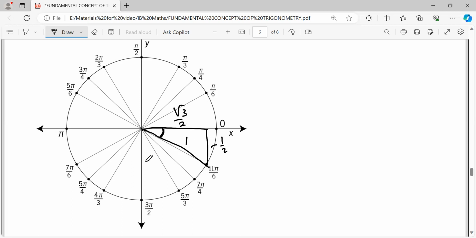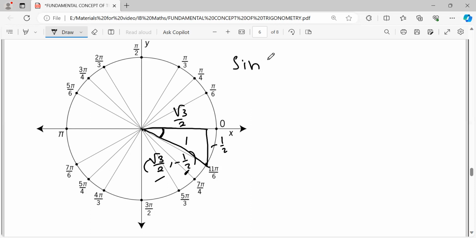The coordinate point here is square root 3 over 2, comma, negative half. This is sine 11 pi over 6, and this one is cosine 11 pi over 6.